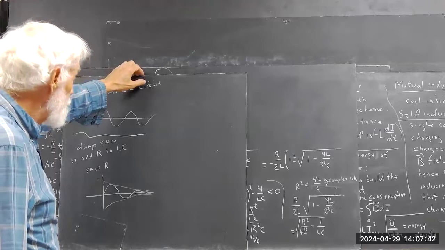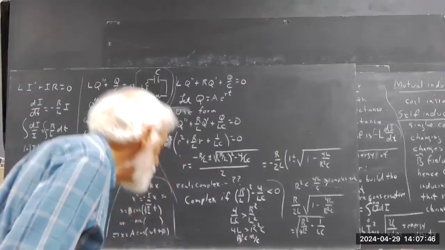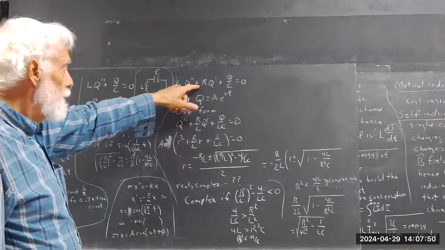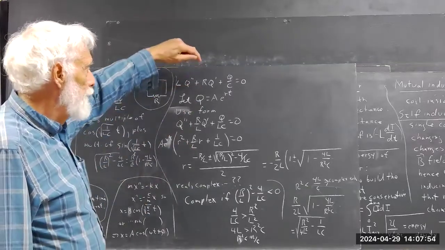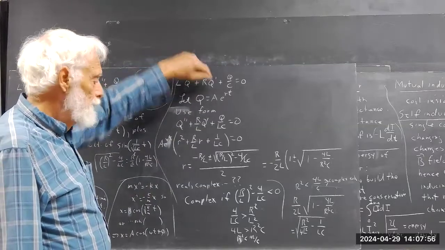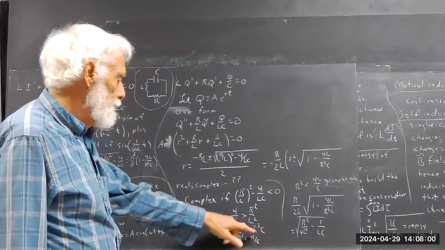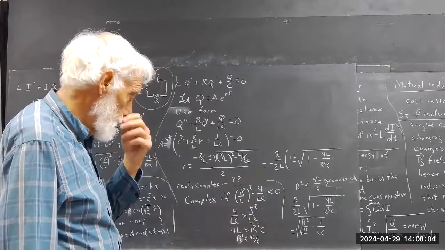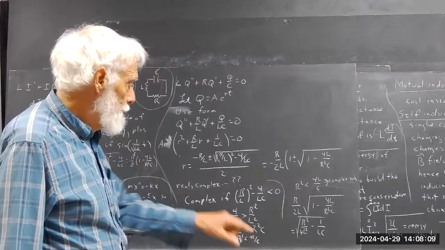Now, with that perspective, you look at this equation again, and we see that the critical thing is how big is R? So when we get down to here, which we already have, we ask, okay, what's R? Put everything on the other side with R, and you get R squared less than 4L over C. Okay?